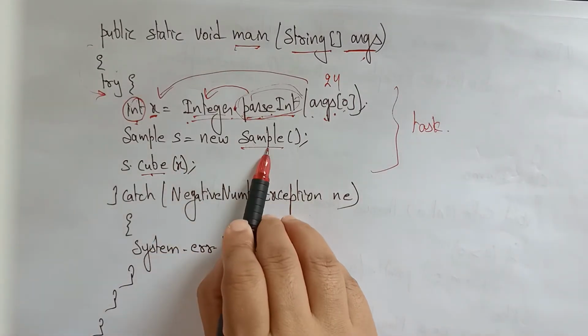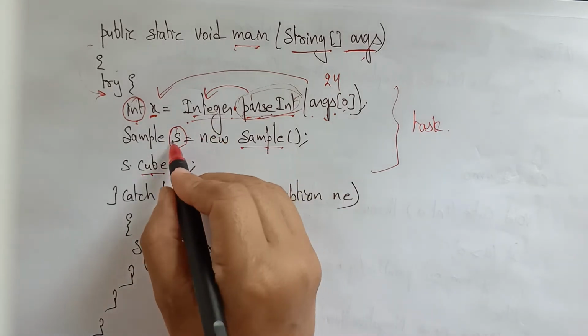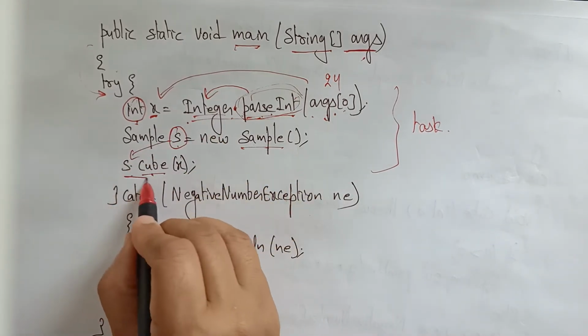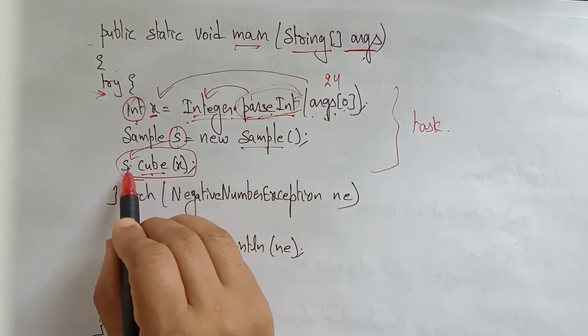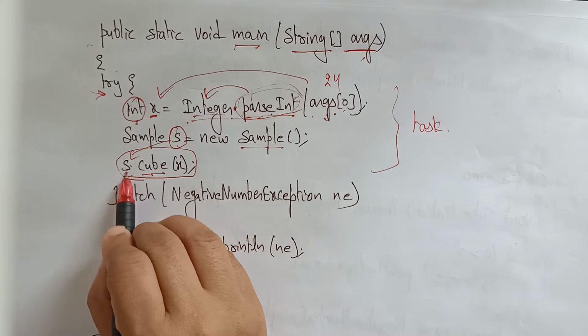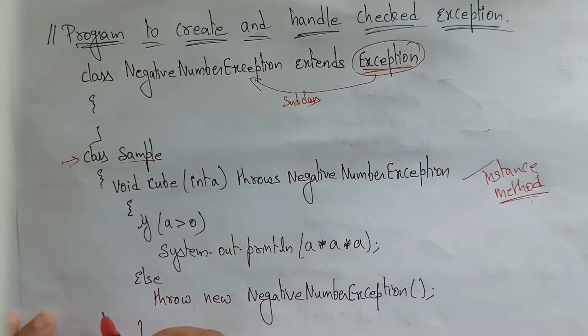So new Sample, an object is created with an object reference. With the help of the object reference, you are calling the instance method s.cube(x). So whenever the compiler sees s.cube(x), the controller will come to here.